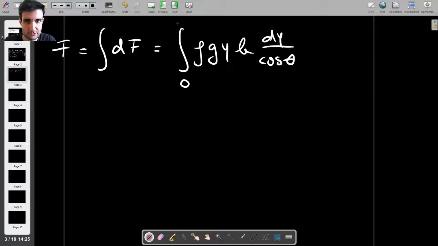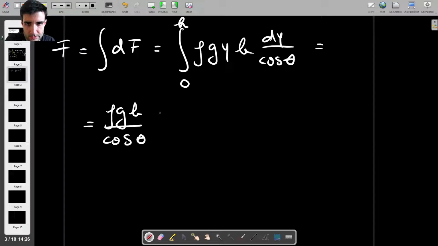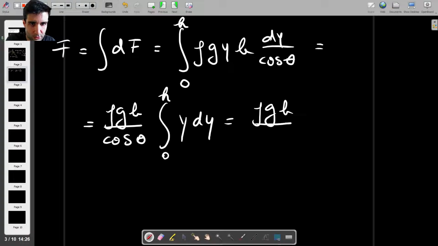So this should be from 0 to h. And I'm going to take out all the constants to make things a bit easier. So this is rho g b over cos theta, integral from 0 to h of y dy.